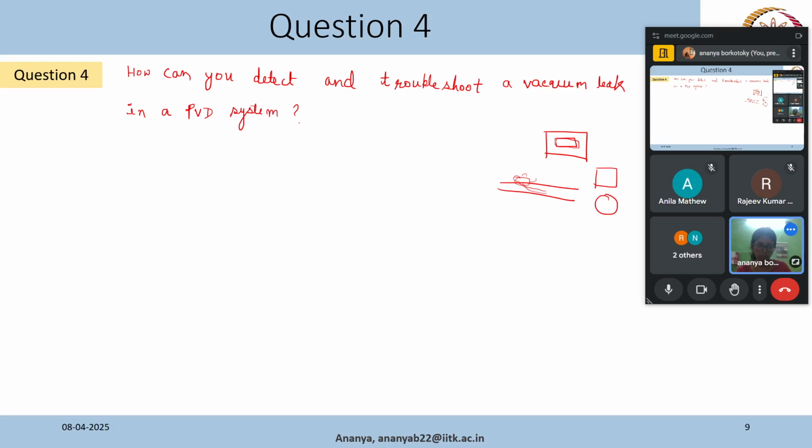So I will write everything for your reference. The indications will be slow pump down time, so it will take a lot of time to create vacuum.